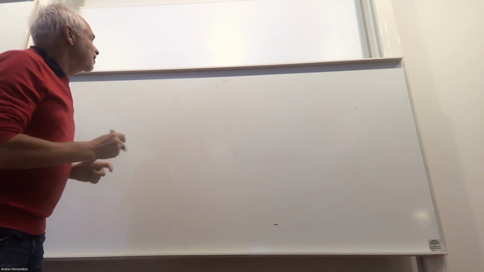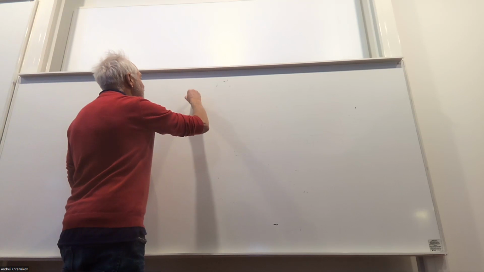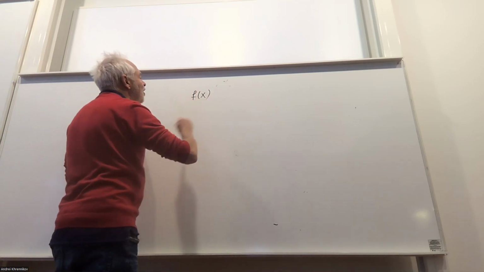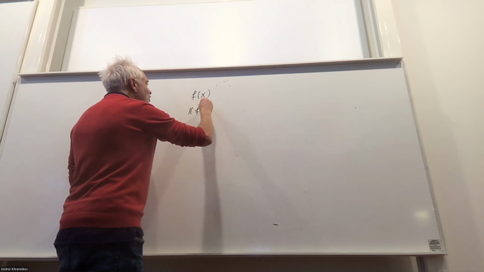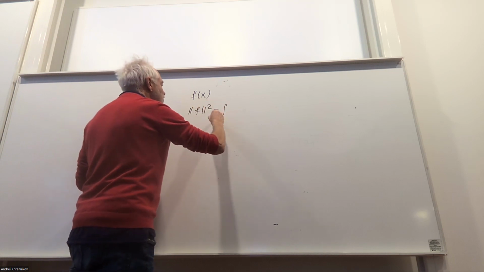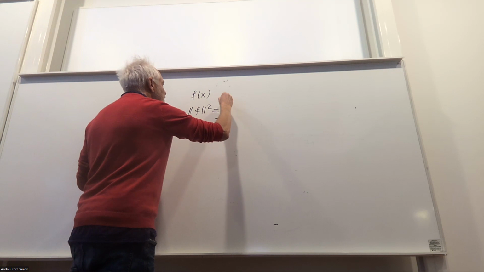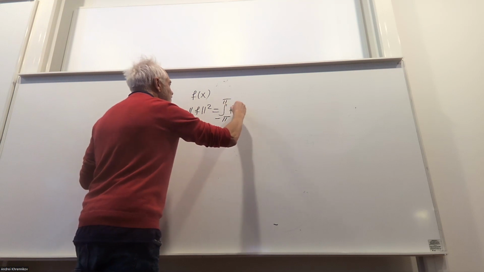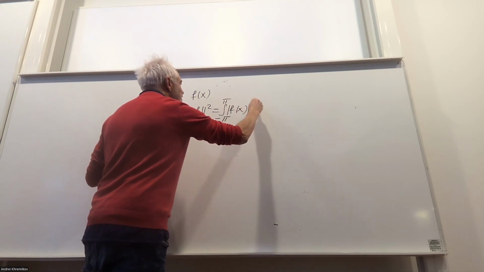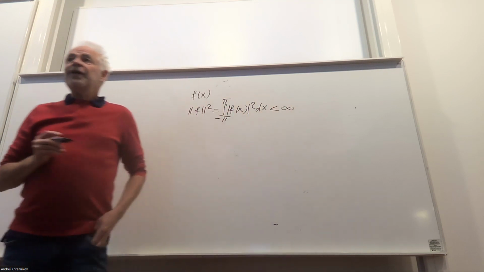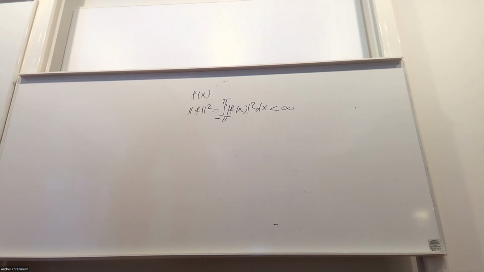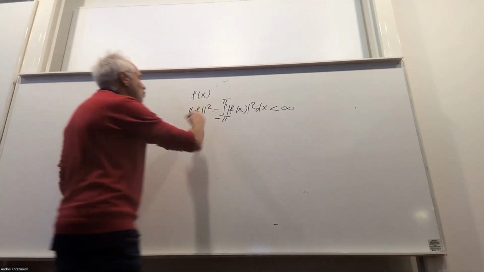So what we studied: we take a function f of x, and we ask that its L2 norm squared is finite, so the integral, let us consider from minus pi to pi, of the modulus of f of x squared dx is less than infinity. At the previous lecture, we already considered the complex Fourier series, so we can consider f now as complex valued.